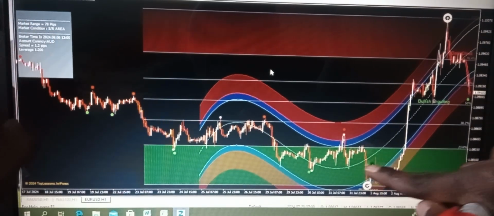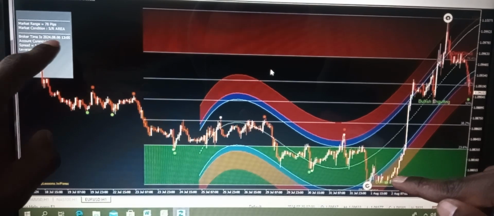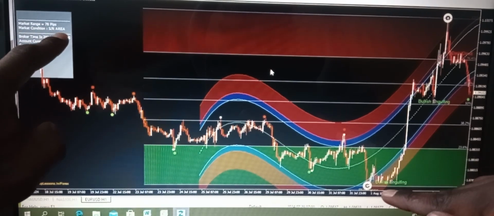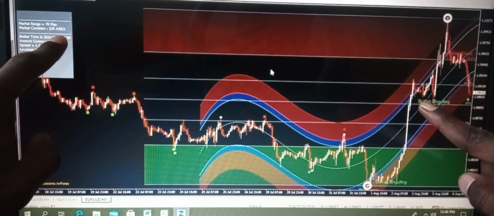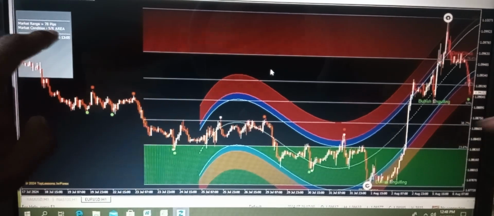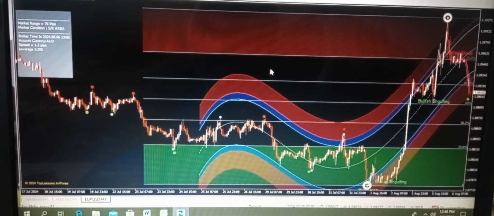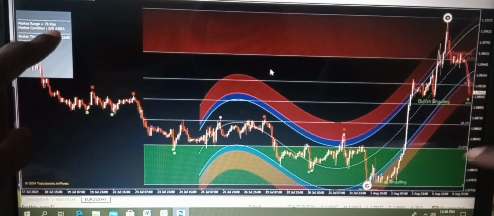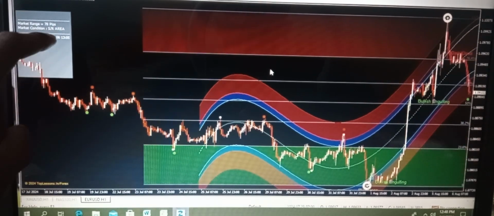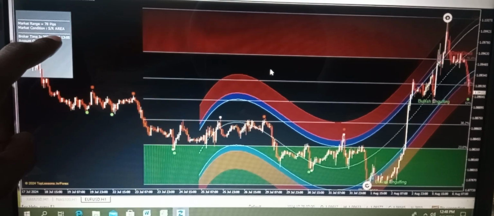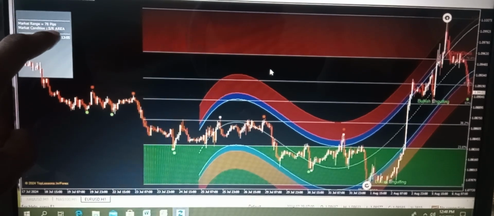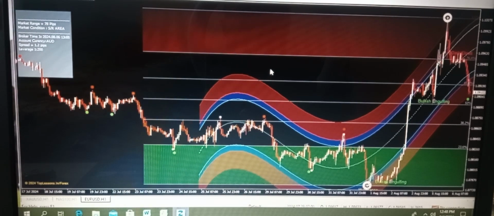But if we are on the bullish side and the market condition says safe trade, it simply means we're going to take a safe buy. So market condition changes with the market. Automatically the N5 chart hacker will show you, if the market moves from the support or the resistance area, it will say safe trade. So you will wait until it says safe trade. Then you can take the signal.